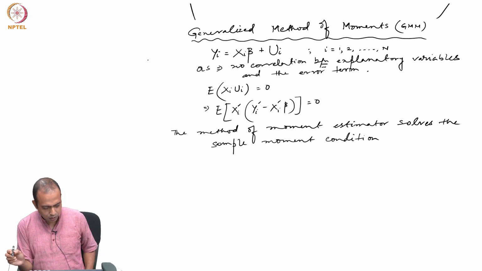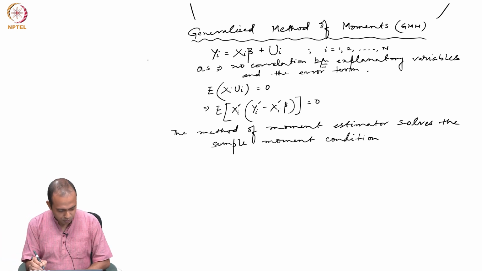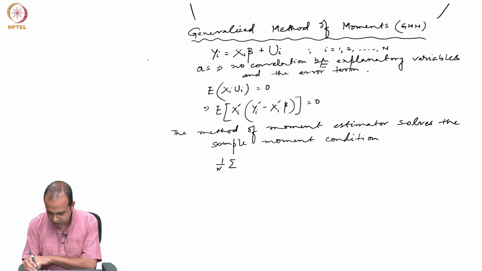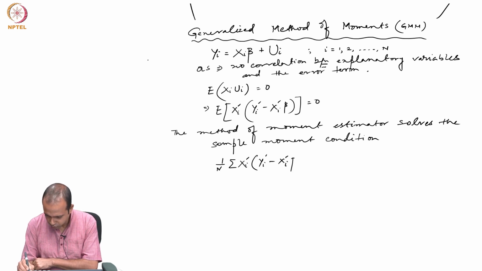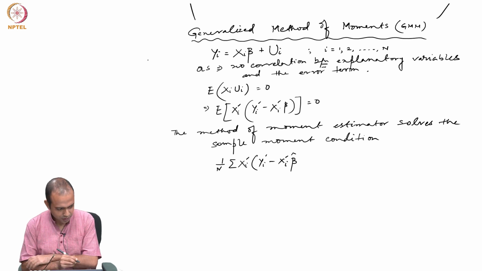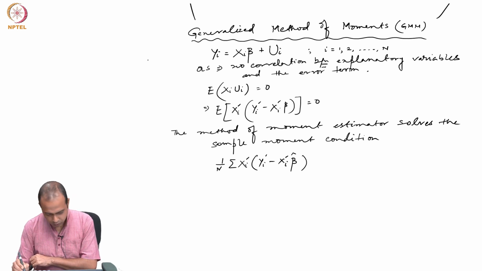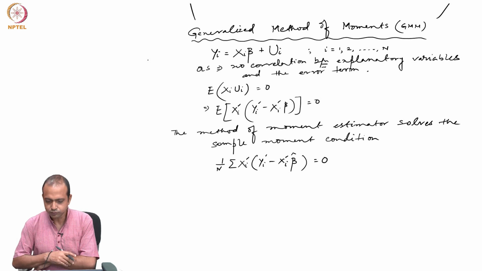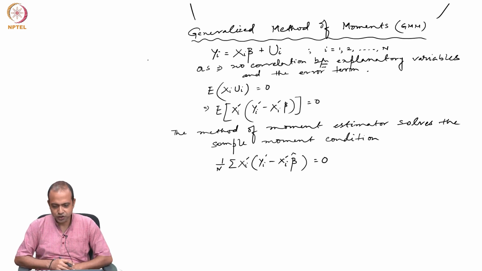And what is the sample moment condition? Basically, it is 1 by n, where n is the sample size, 1 by n summation. You take the summation of xi prime times yi prime minus xi prime into beta hat, and this equals 0.